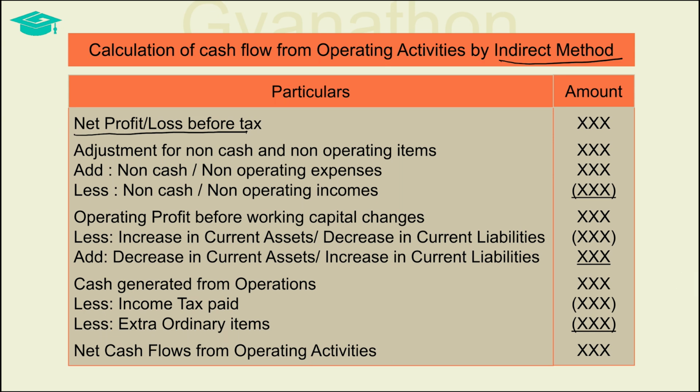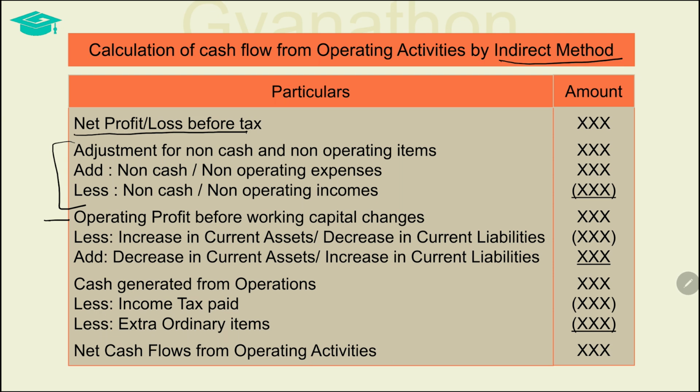Next, adjustments should be made to eliminate the effect of the non cash items and items which are not to be classified as operating activity but have to be separately classified. In this regard, the non cash and non operating expenses have to be added back, and the non cash incomes and the non operating incomes have to be deducted. This gives us the operating profit before working capital changes.